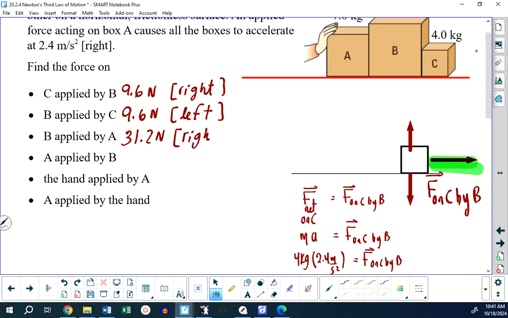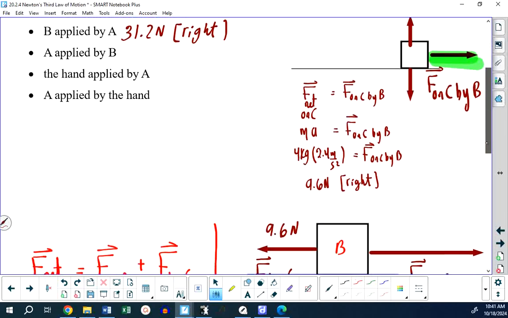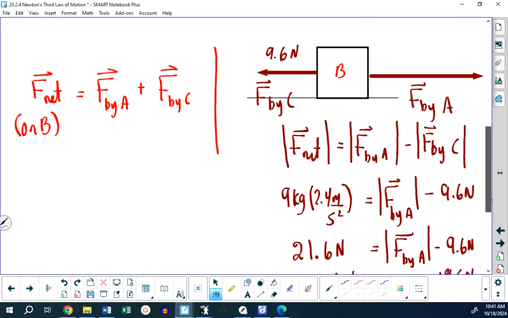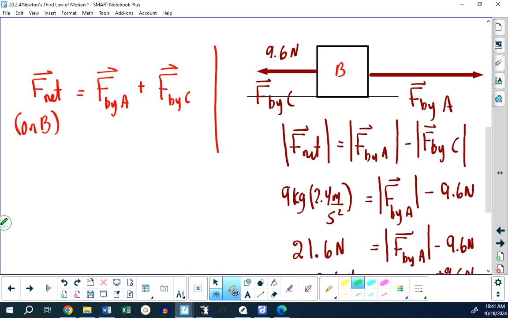And we're just going to take a little break here so I can ask you to think about something. If the net force on B, everybody, you need to think carefully about this. If this is the net force on B, which is the net force needed for it to accelerate at 2.4, why isn't this the answer to the question?